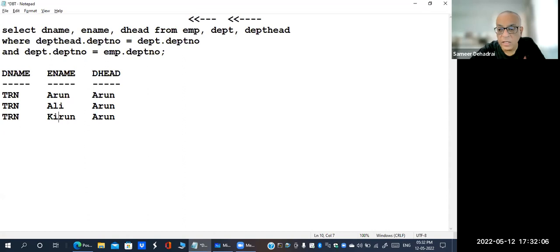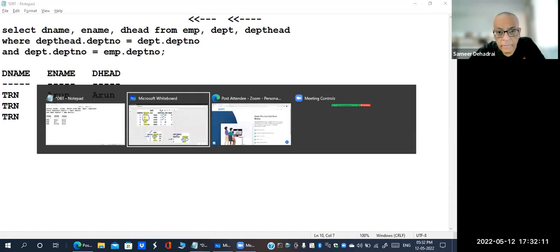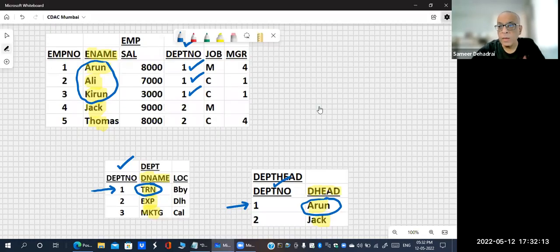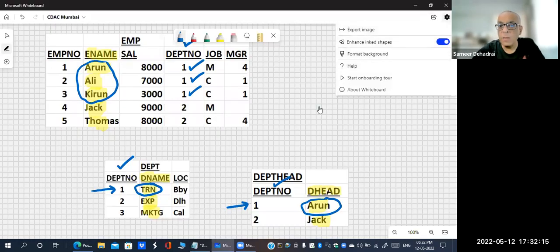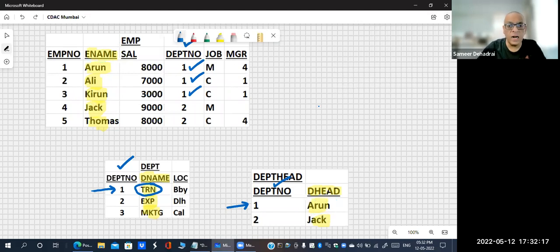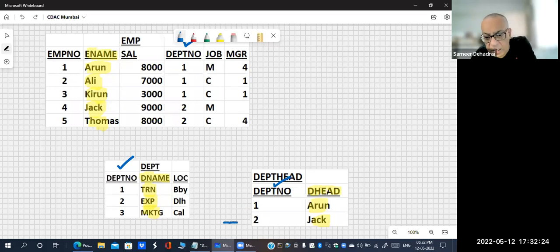This was the first cycle. After this, what will happen? It will start from scratch. Come to department head. Fetch the second row from here. Department number 2 is there. For this particular row, it will go to department, search for 2, and later it's going to join department with EMP.